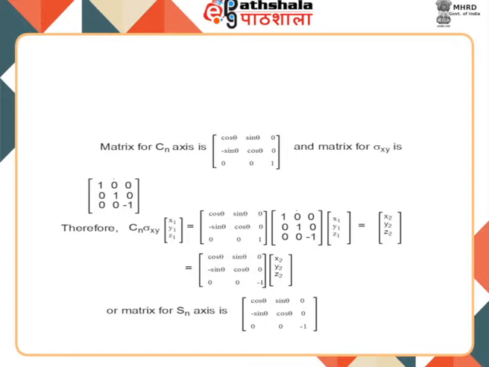This is the matrix corresponding to the improper axis of rotation, that is the Sn axis. In the case of the Sn axis, z1 also changes sign. This is due to reflection of z in the xy plane. z1 goes to minus z1, or z1 is equal to minus z.